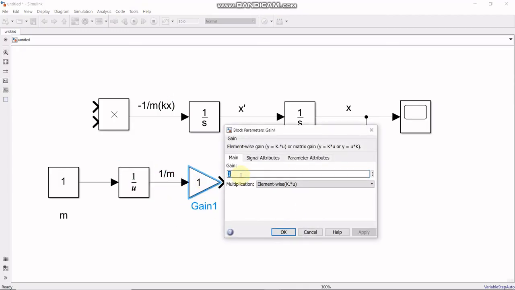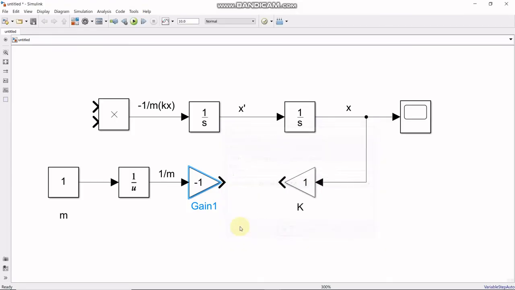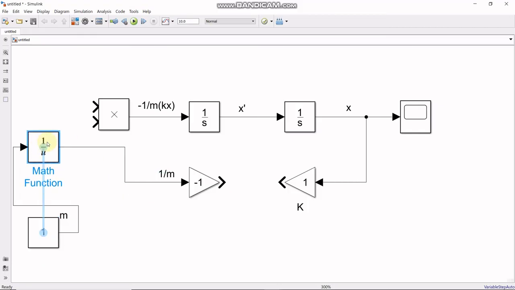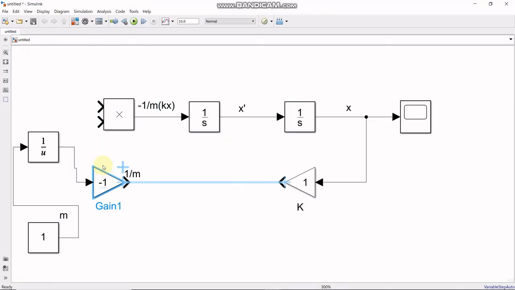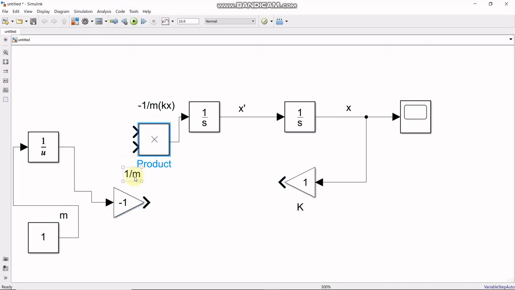So I want to have minus 1 gain here. So I can have here my minus 1. I need to arrange this block in a better way. To arrange the blocks. Okay, I think it's looking better now.